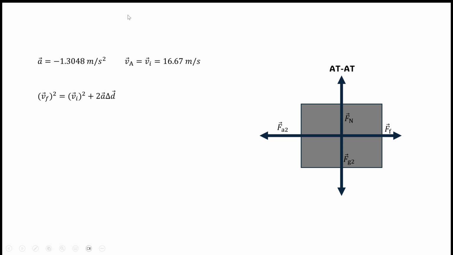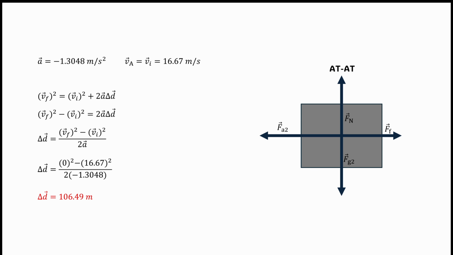Thus, we can apply our kinematic equations. Here, our initial velocity will be our normal velocity of 16.67 meters per second as we are trying to reach rest. So, applying our values and isolating for displacement, we get 106.49 meters.